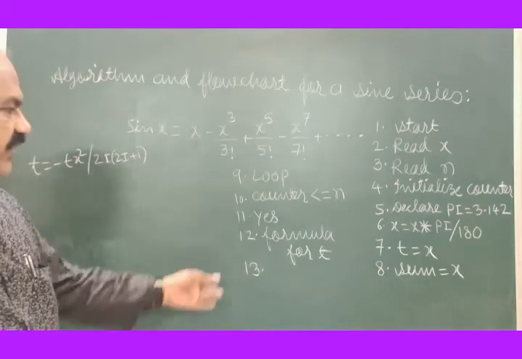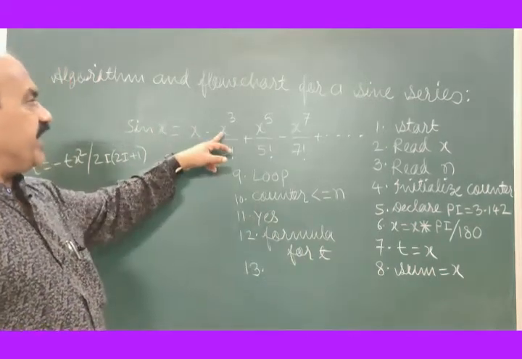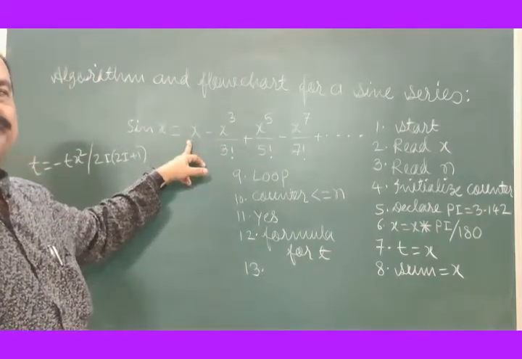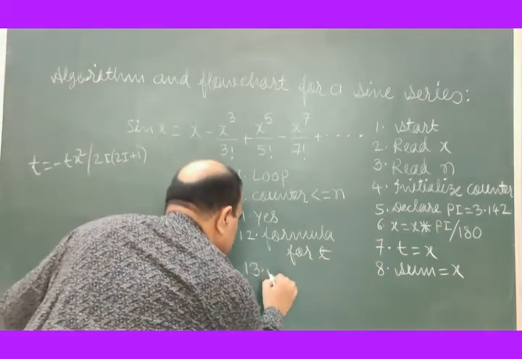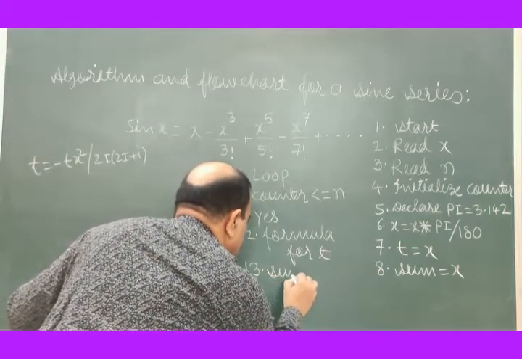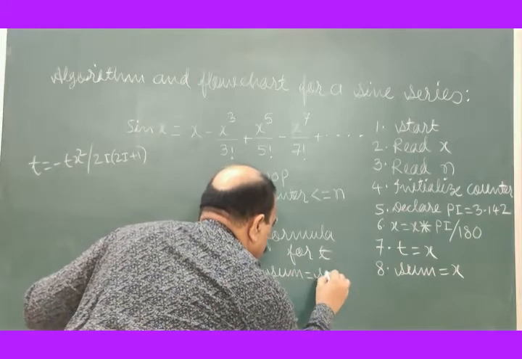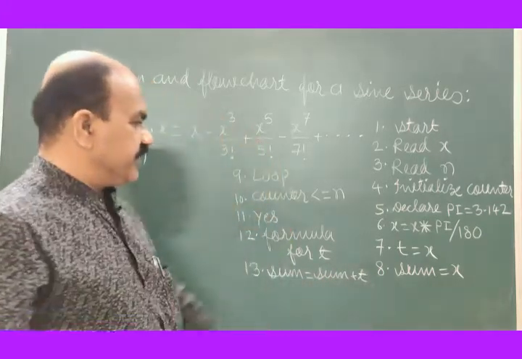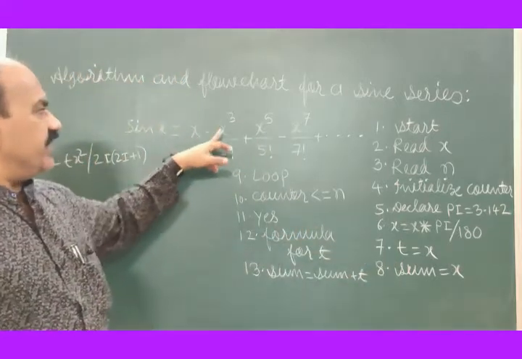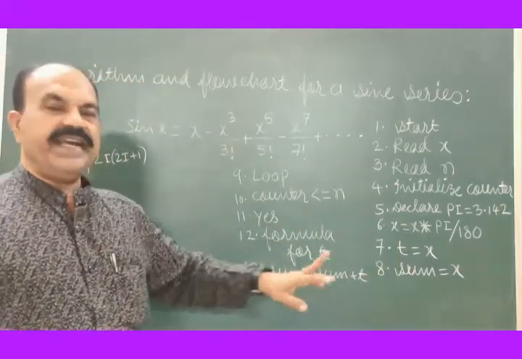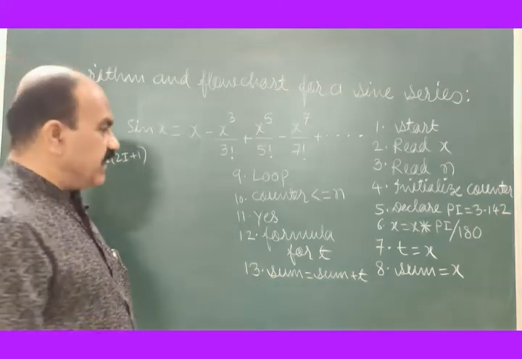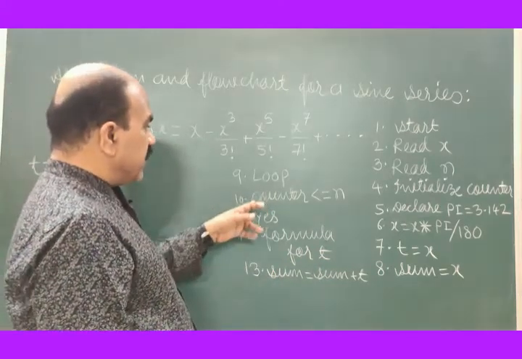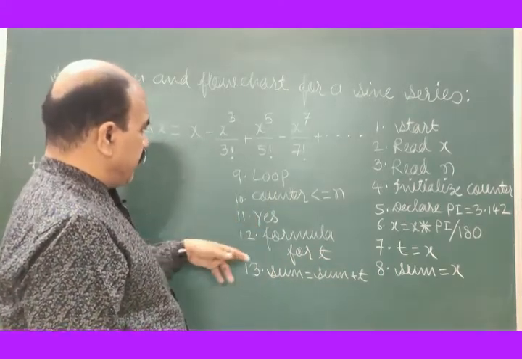Next, after getting second t, you have to add this into the sum, and so sum must be equal to sum plus t. First sum x is taken here, this t found added into the sum. Then increment I, that is counter.